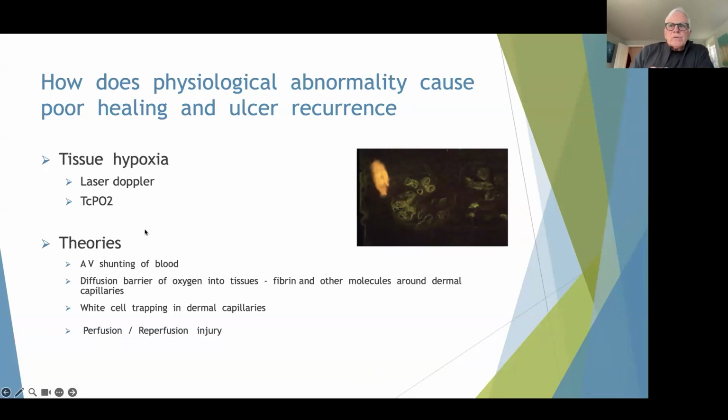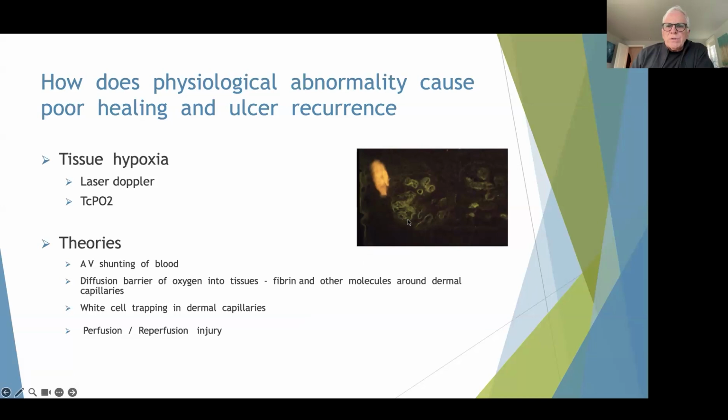Exactly how that goes from ambulatory hypertension to reduced tissue oxygenation, that's where the theories come in. And I've just put down here a number of the theories, and it's still not really clear which is the exact mechanism. Some thought of there being some shunting of blood through arteriovenous shunts in the capillary bed, there being a barrier to diffusion.